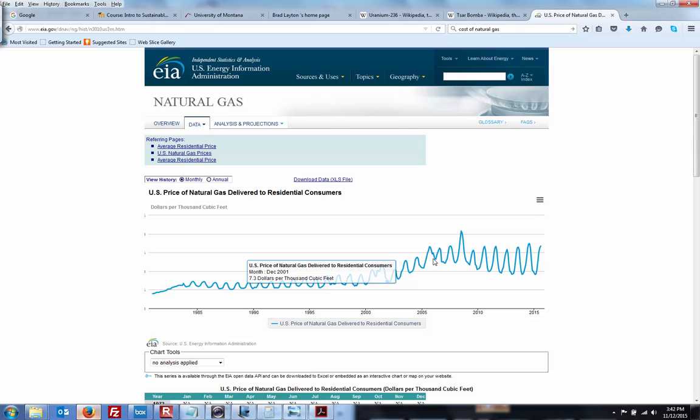Up, oh man, more expensive. It peaks out right when they're about to pull the trigger on the project. Okay, not so much. So the price of natural gas, the fracking, et cetera, what have you, drove it down.